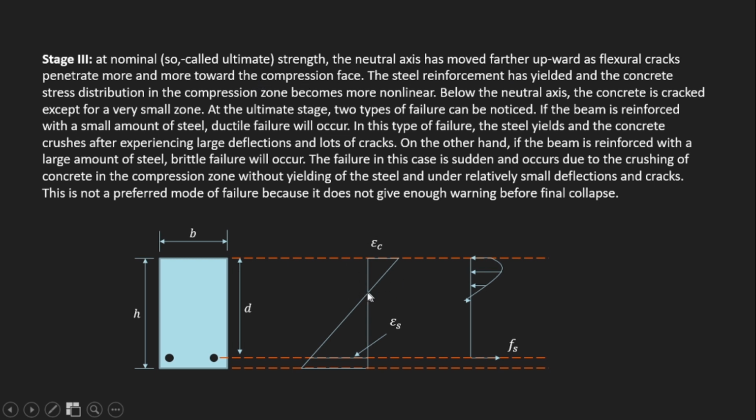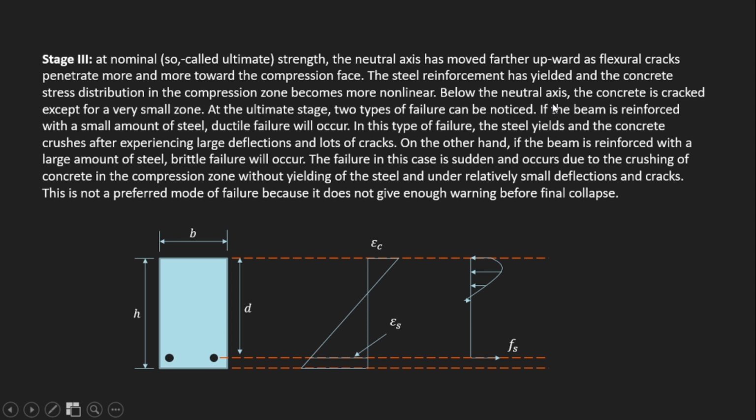So, yung neutral axis natin lumalapit sa top area natin, kaya lumiliit yung compression natin, compression stress, and the steel reinforcement has yielded or na-reach niya yung yield strength or yung actual na dinadala ng steel reinforcement, and the concrete stress distribution in the compression zone becomes more non-linear. So, kitang-kita sa figure na hindi na siya linear, so parabolic na siya.